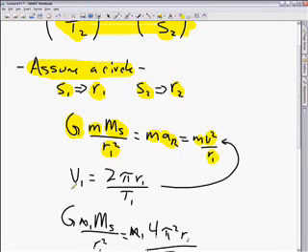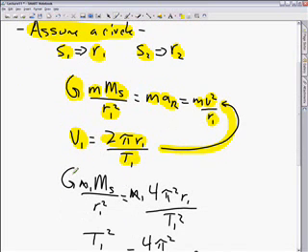And again I'm going to use our velocity as 2 pi r over the period and plug that back in for our velocity here. Okay, so we get G times the mass of the satellite or planet or whatever, times the mass of the sun, over r squared, equals m times 4 pi squared r over the period squared.